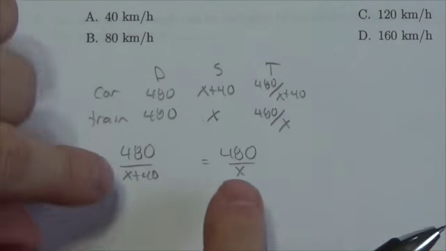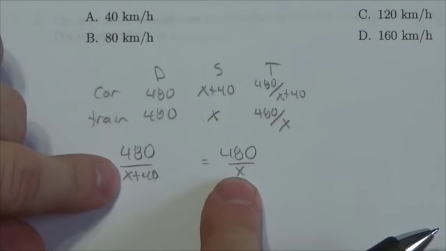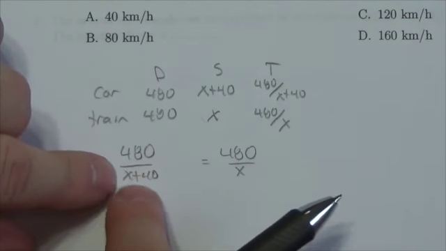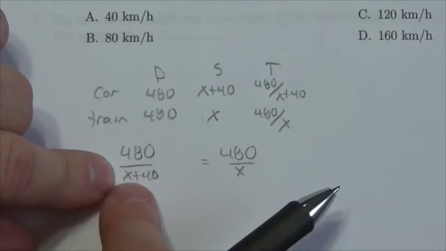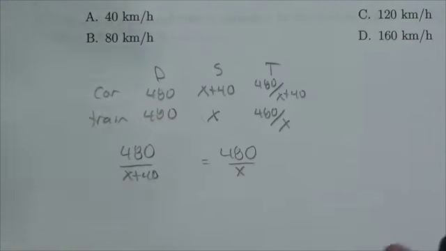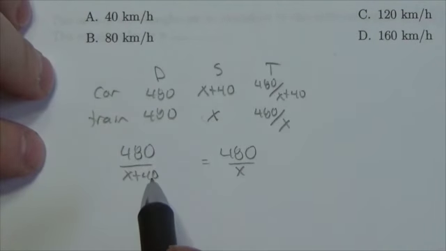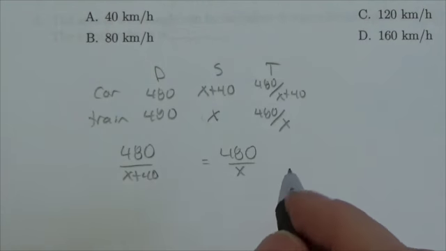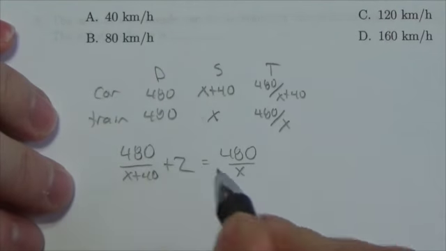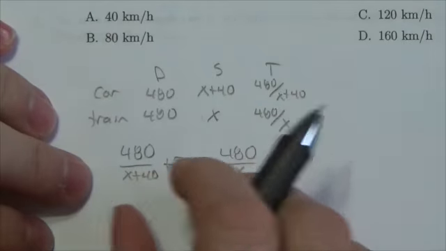Regardless of what number you plug into X, this denominator is going to be larger than this one, so this number here is going to be larger than this one. The train automatically takes more time. Car gets there quick. The person in the car is going to have to wait for the train. It's going to have to wait 2 hours to have its time the same as the train.